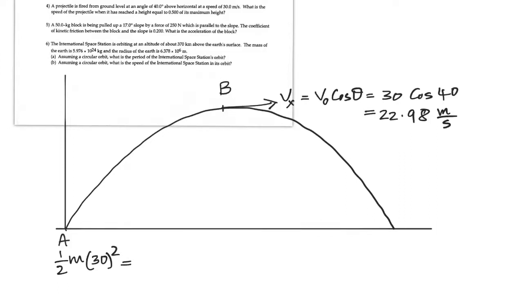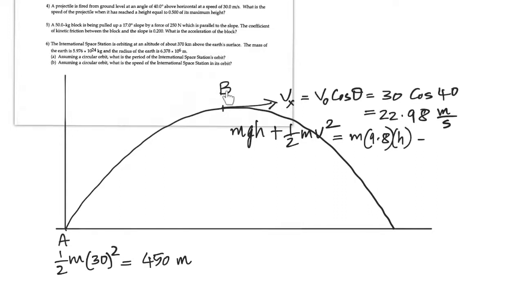Now, applying the principle of conservation of energy, we know that the potential energy here is 0 because the height is 0. So its kinetic energy is given by 1/2 times mass times velocity squared. We do not know the mass, so we get 450 times m.